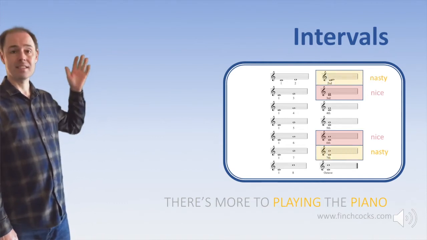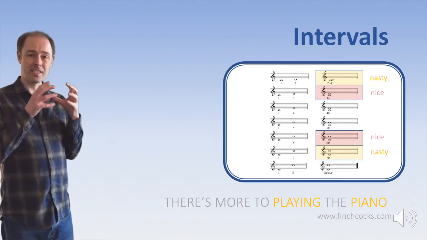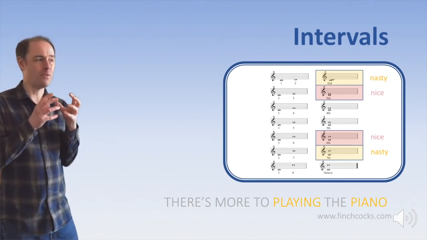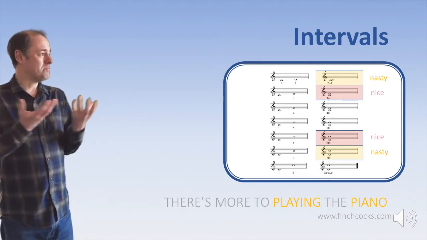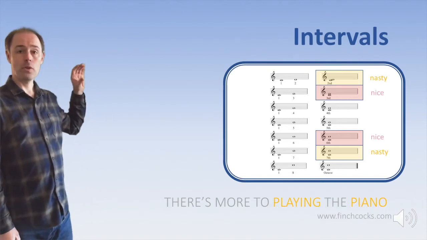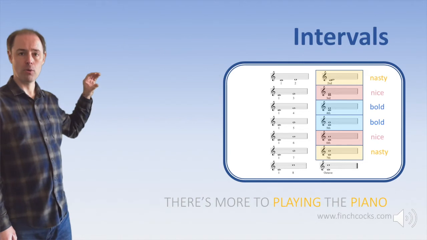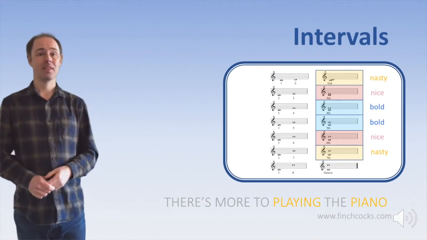We call them dissonant intervals, and composers use them all the time when they want things to sound a little bit painful or a bit tense or a bit exciting or a bit more complex. And then the fourth and the fifth sound quite bold and strong when you play them together on the piano. I'll be demonstrating that in a moment.